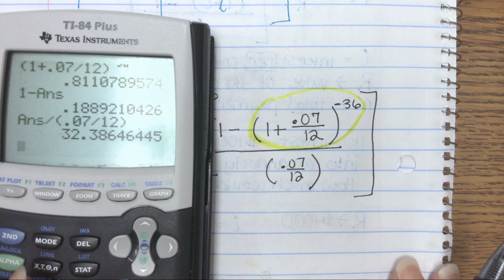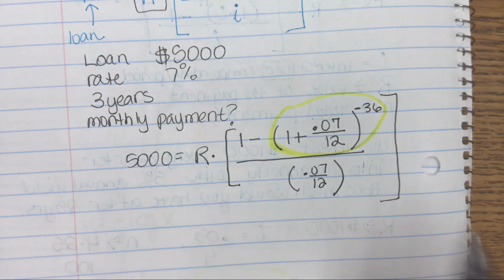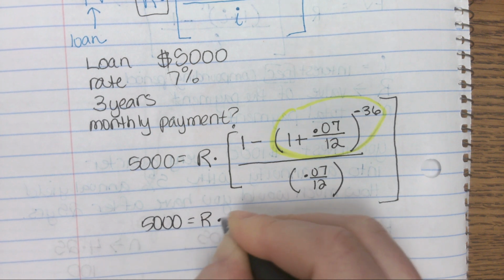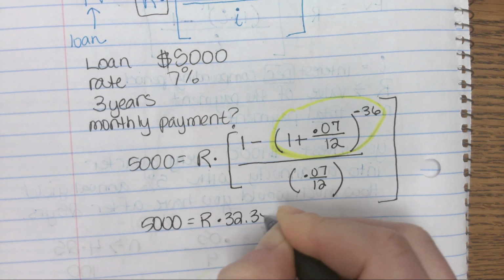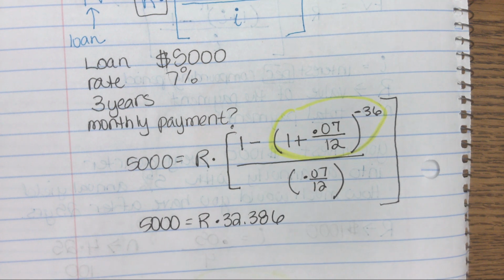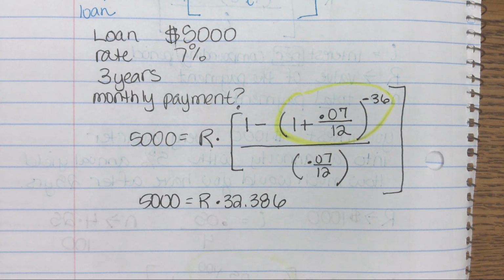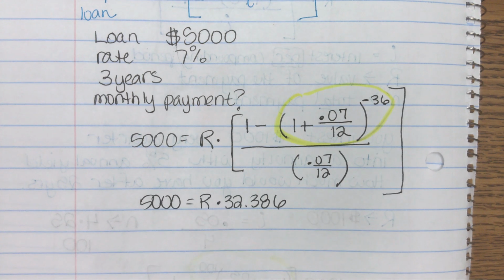Do you see that? All right, so I have 5,000 equals R times 32.386. How would you solve for R?